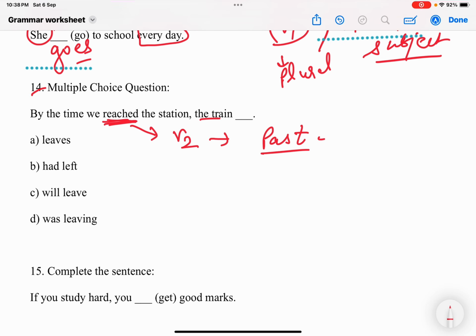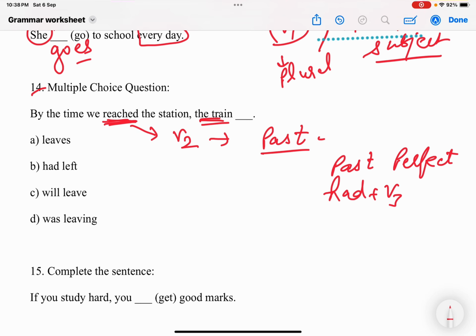So the train had left already. Okay, we were late actually. So this action took place at first. Which action took place at first, we use past perfect for that action. So past perfect means had plus third form. So here B is the correct answer, had left.